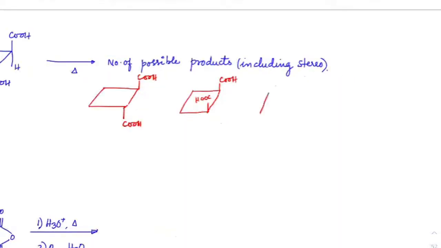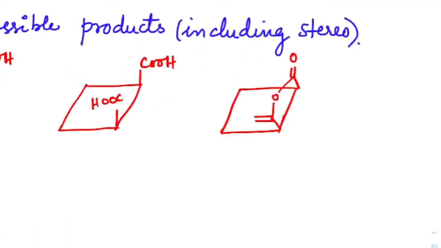So we would get this one as well, where we have the double bond O, with oxygen connected to the double bond O with carbon, like this. Okay, check this out. So this anhydride would also be formed.